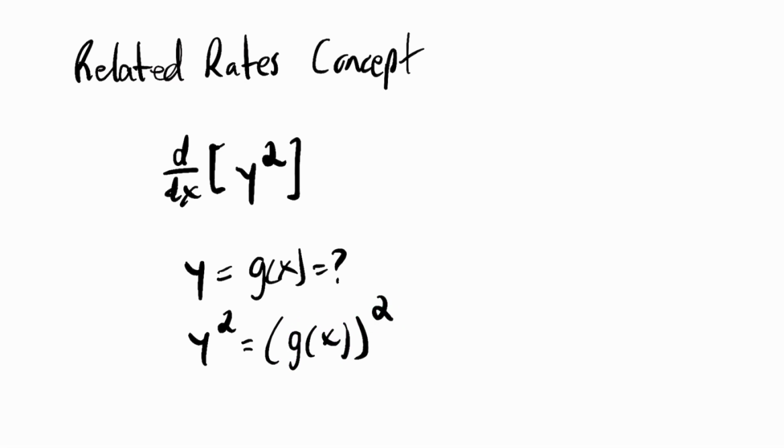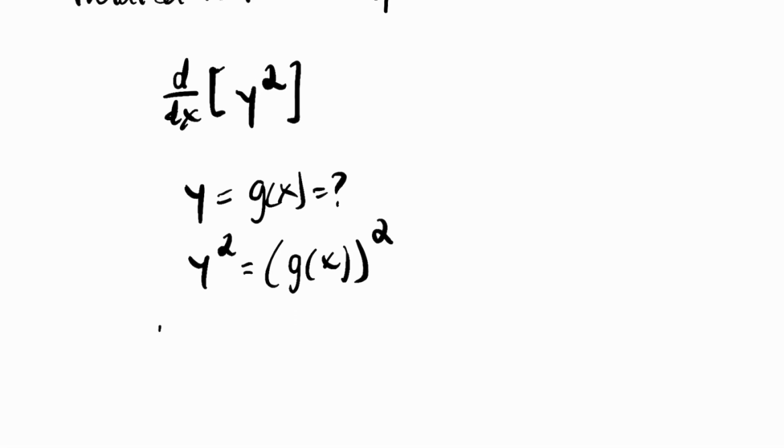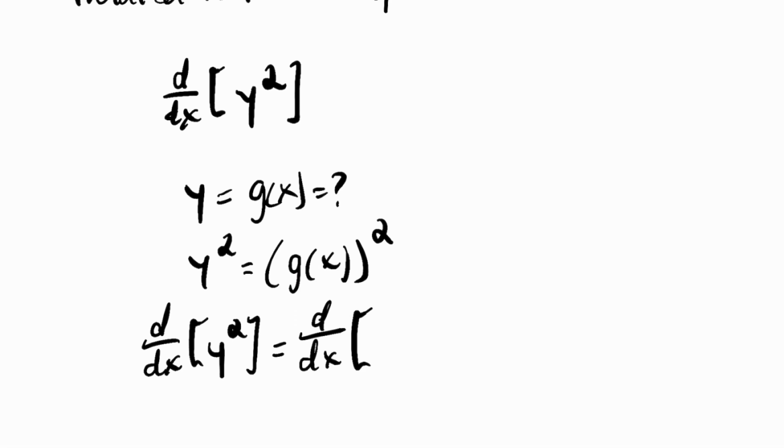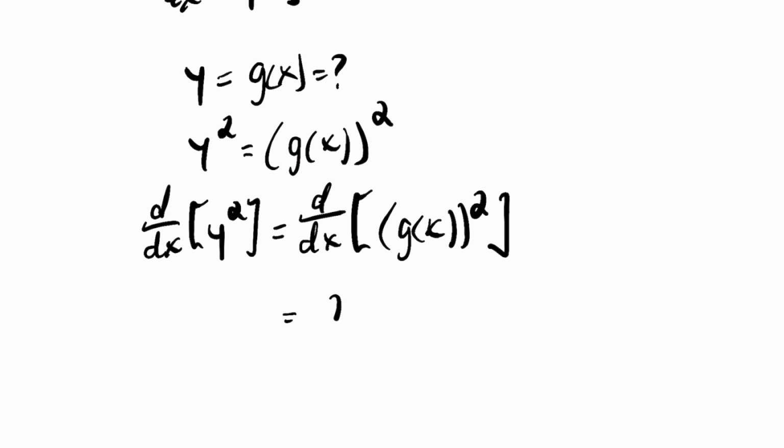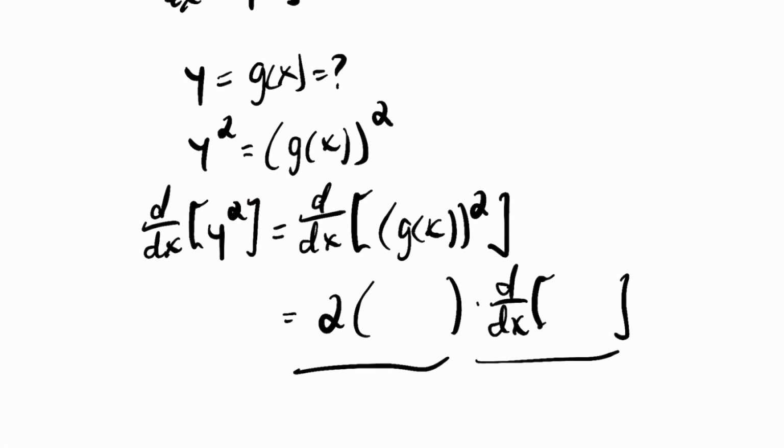Applying it, my outside function is squaring, so it's 2 times something. This is dx of g of x squared, so it's going to be 2 times the inside function times the derivative with respect to x of that inside function.